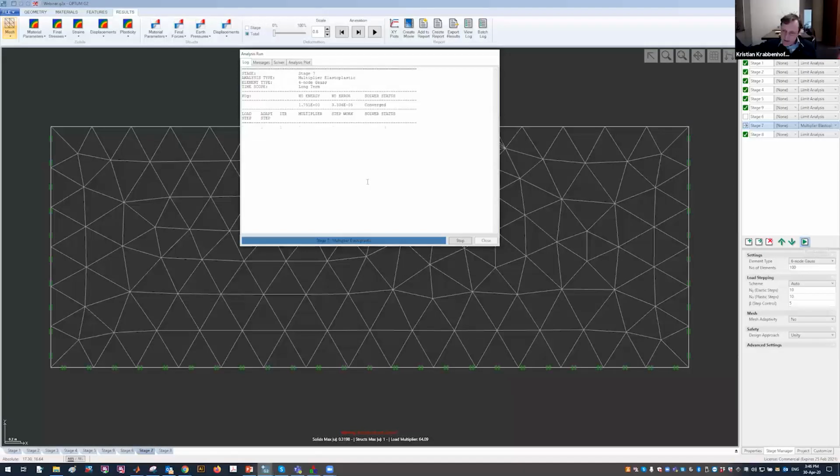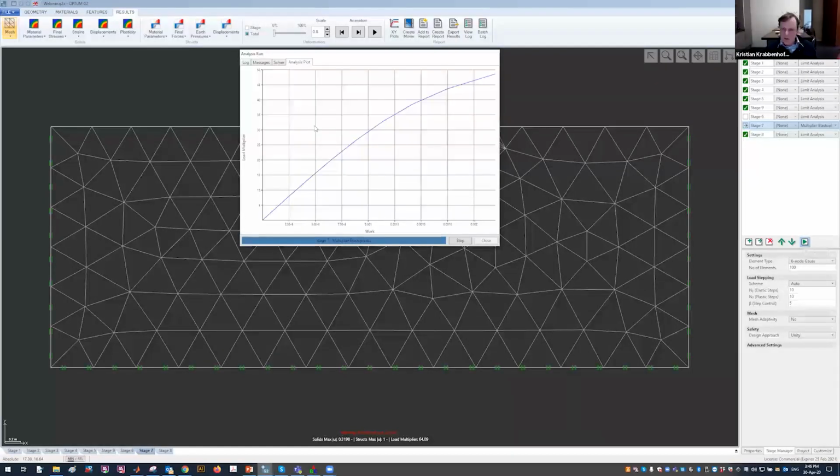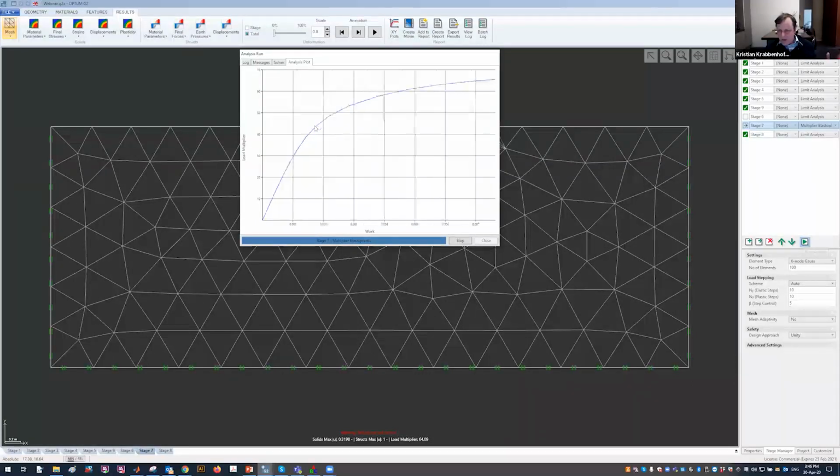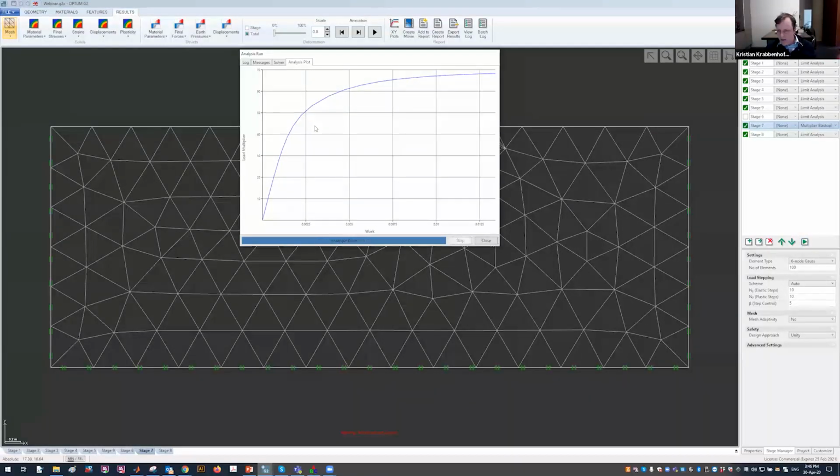We solve an optimization problem at each step along the way to generate this load displacement curve. It leads to really good robustness, and it's also pretty expedient as well. So that's how we do it.